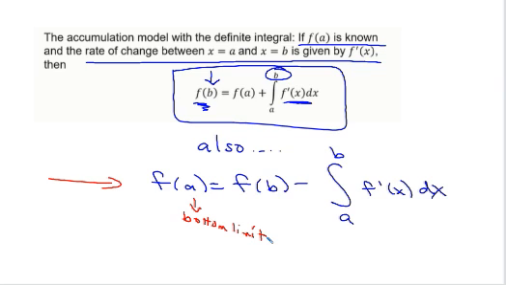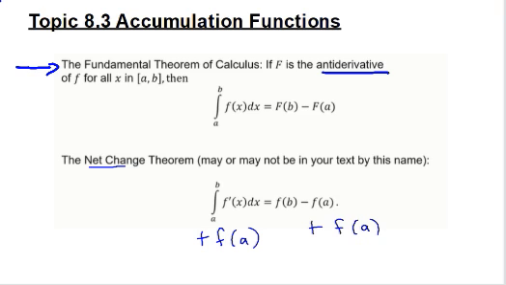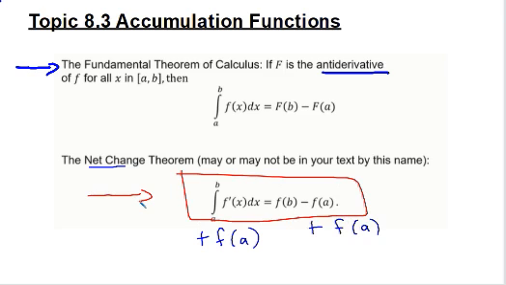The best way to keep all of this straight is with this thing right here. Because if you can remember this, then you can do all the algebraic manipulations you need to get it into whatever form you want. So this time, we are working at the bottom limit of integration, so I want the f of a to be by itself.